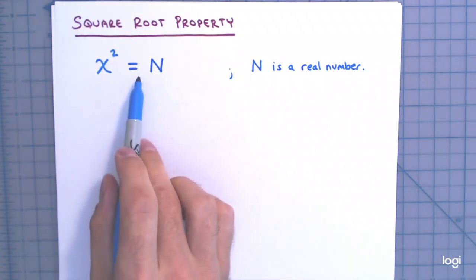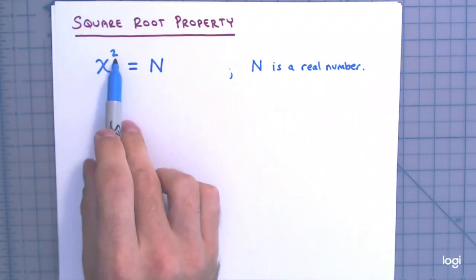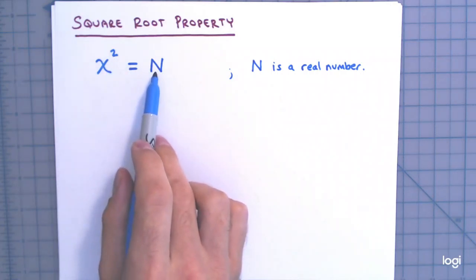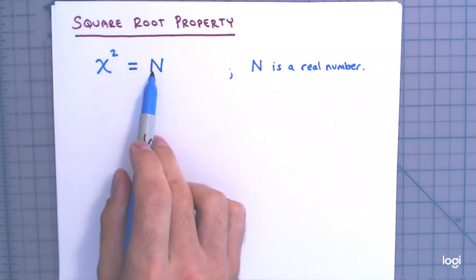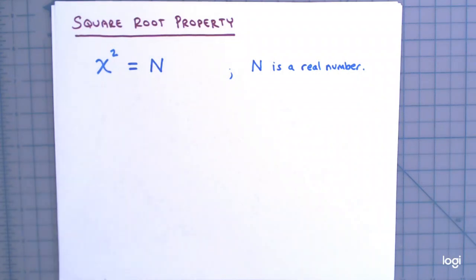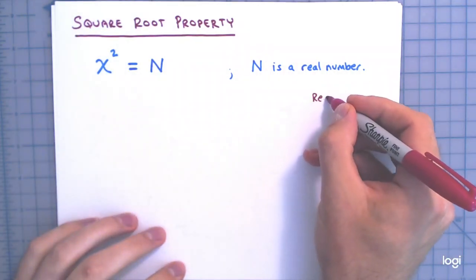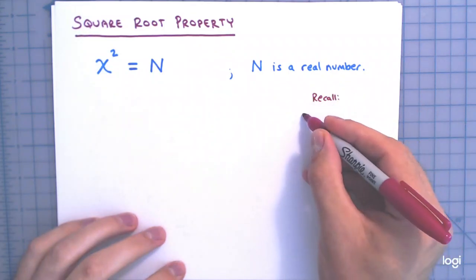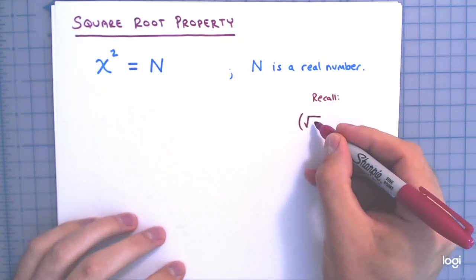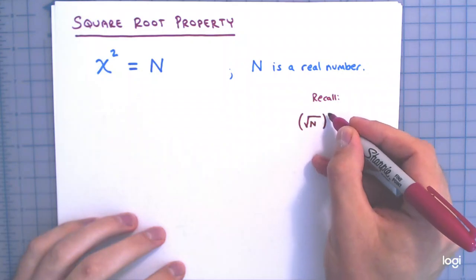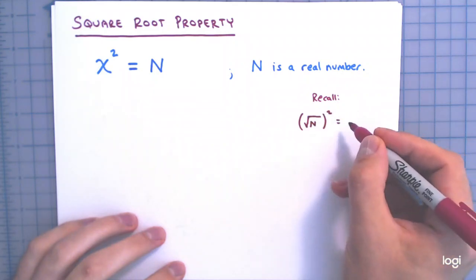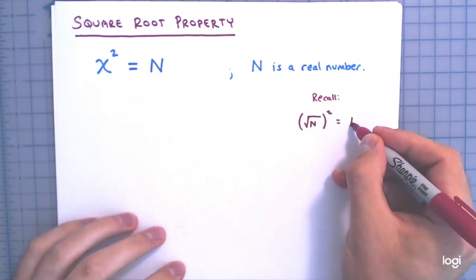Well, if you think about this, what numbers when squared give me n? There are two possibilities. One was the principal square root of n. Let's recap here. Recall, over to the side, if you take the square root of n and square it, that is indeed going to be just n.